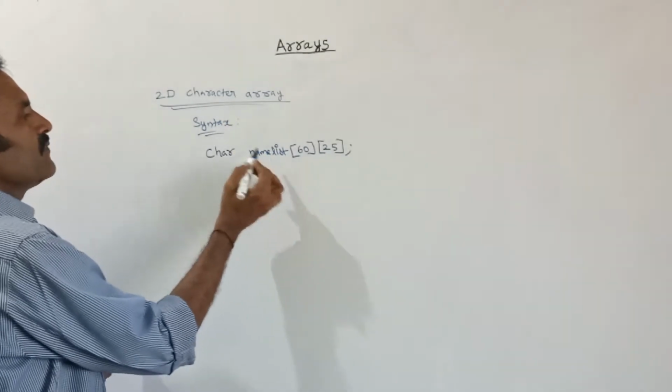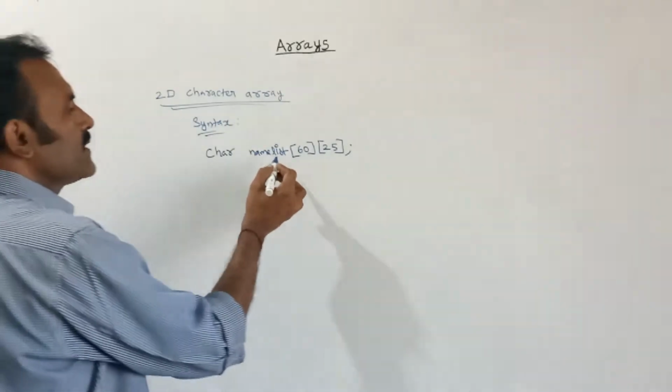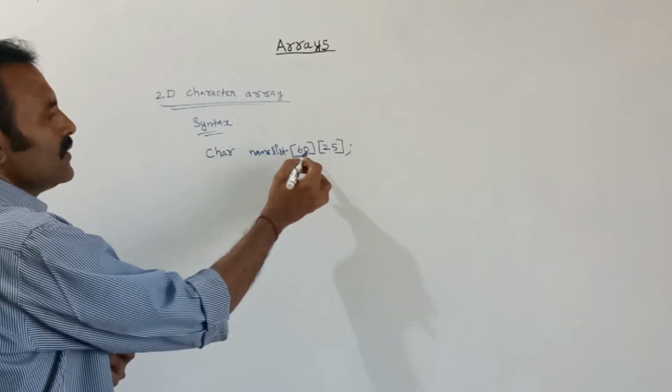Here what type of data type? Character data type. So I can store character data. Totally it has two dimensions.